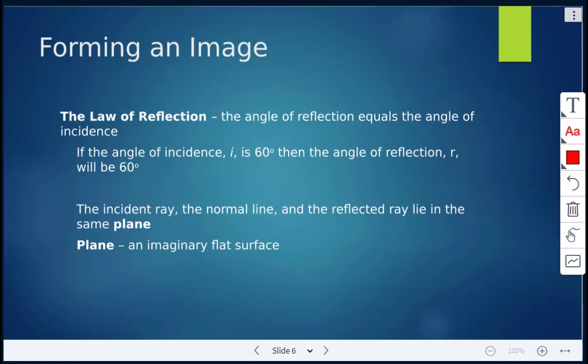So next, we're going to talk about forming an image, and we're going to start by talking about the law of reflection. The law of reflection states that the angle of reflection equals the angle of incidence. So for example, if the angle of incidence is 60 degrees, then the angle of reflection will also be 60 degrees.